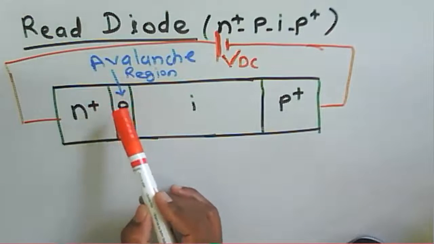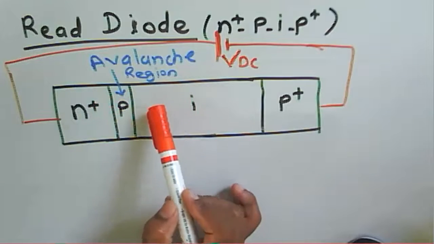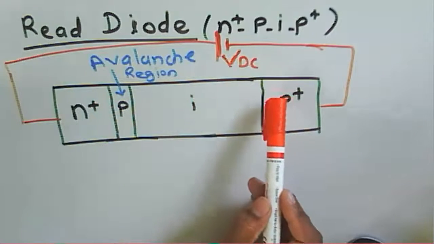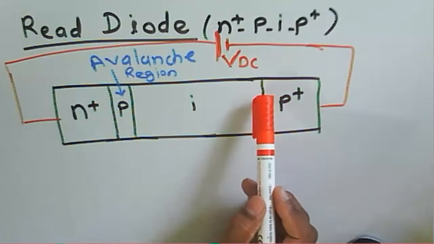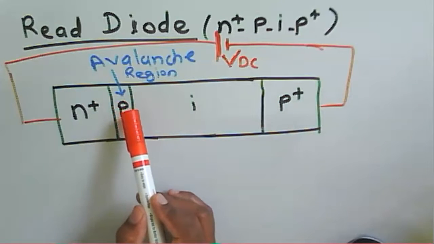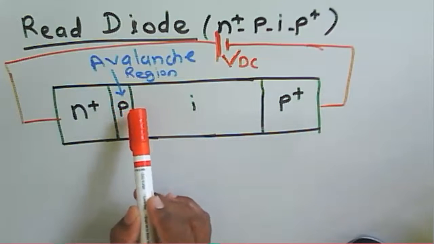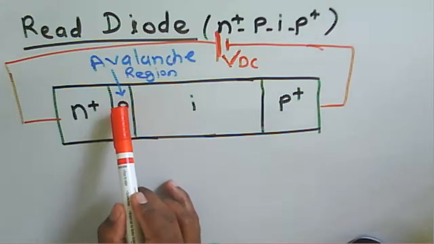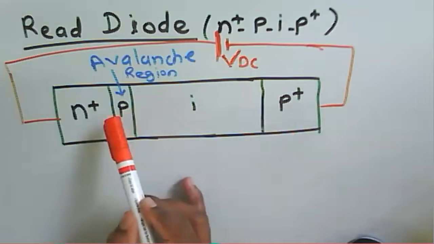Another region is the intrinsic region and the P plus region. Whatever holes are generated here are moved toward the P plus region. This is the second region, and this one is the first junction, with another junction here.